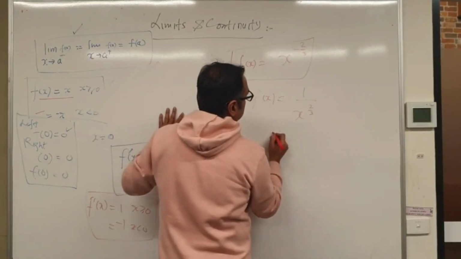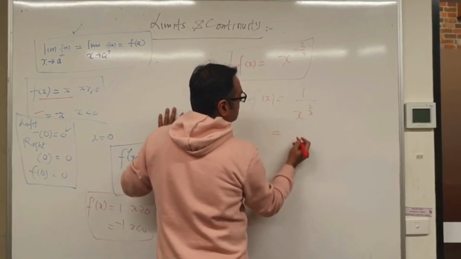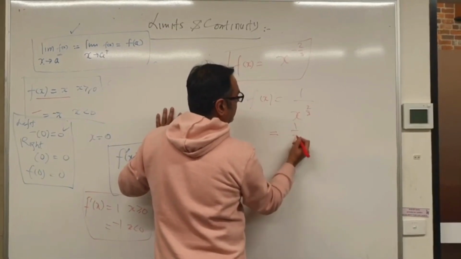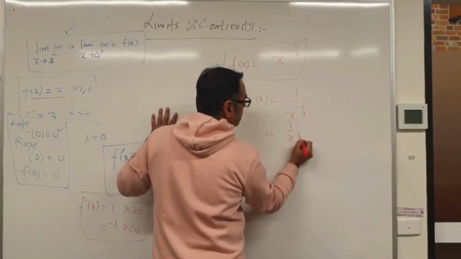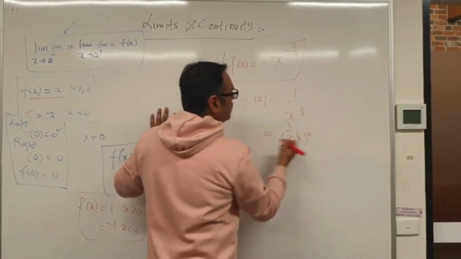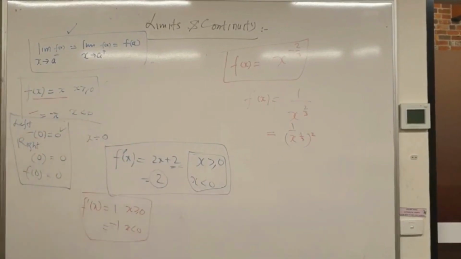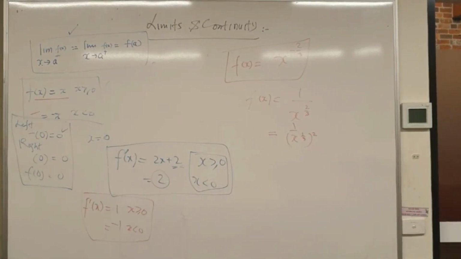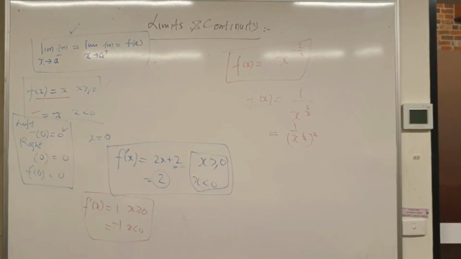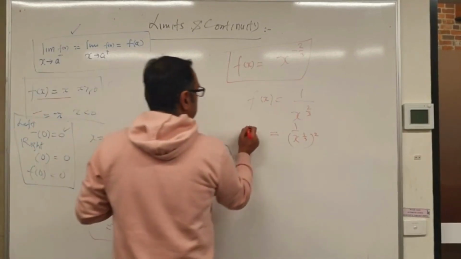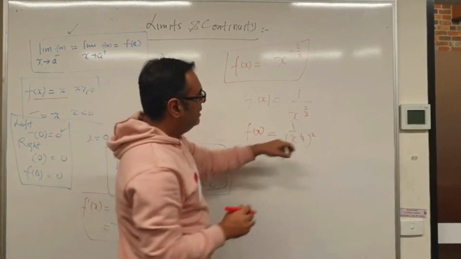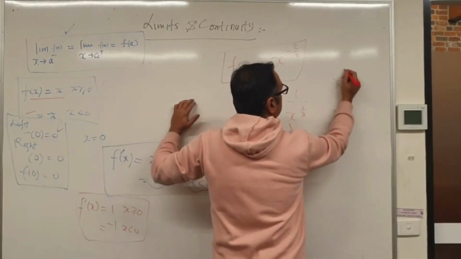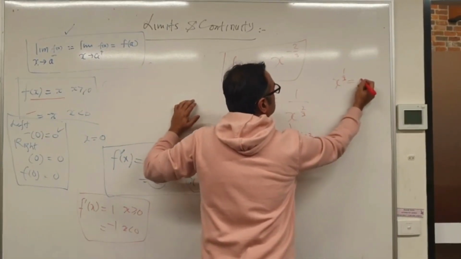Then can I write it like this? 1 over x to the power 1 by 3, squared. Let's say 1 over x to the power 1 by 3 is u.